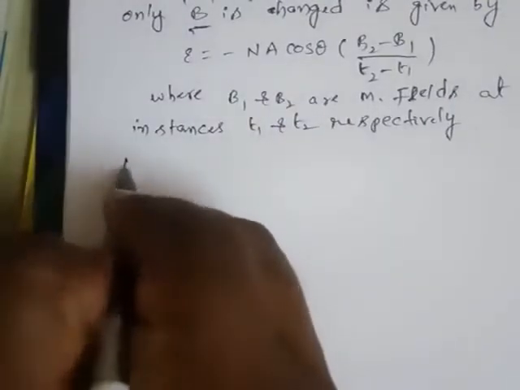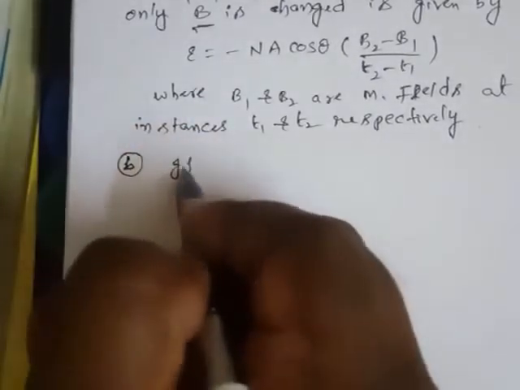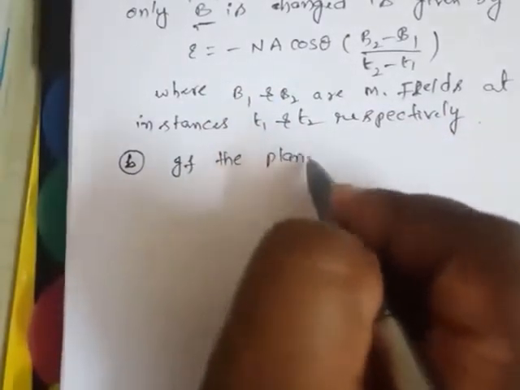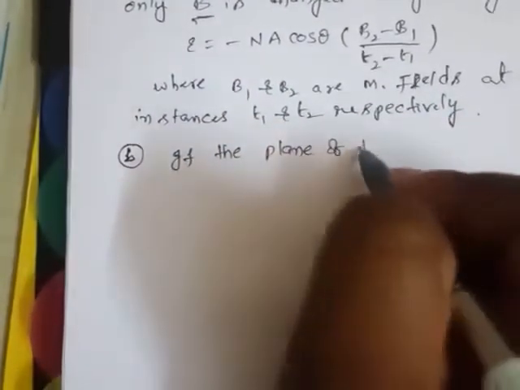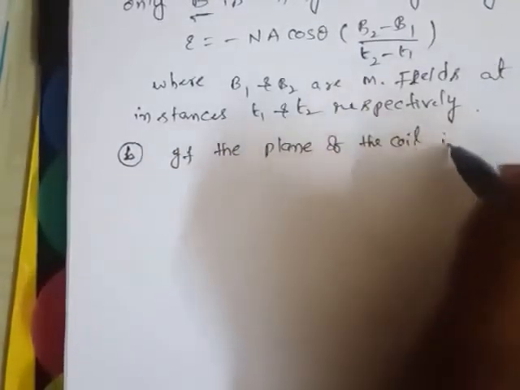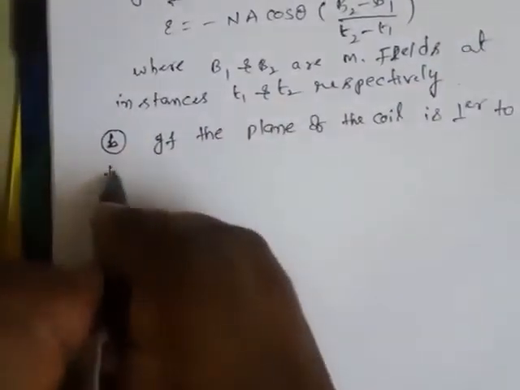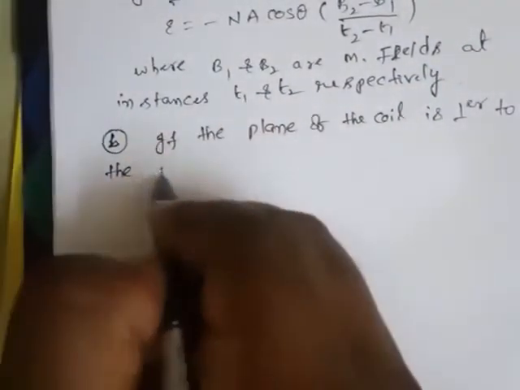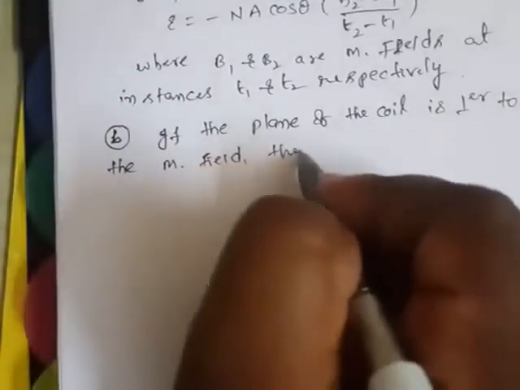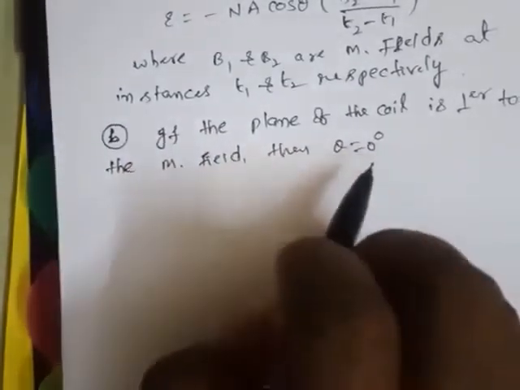Next, point B: if the plane of the coil is perpendicular to the magnetic field, then what about theta? Theta is 0 degrees. Here it should not be taken as 90 degrees. Why?